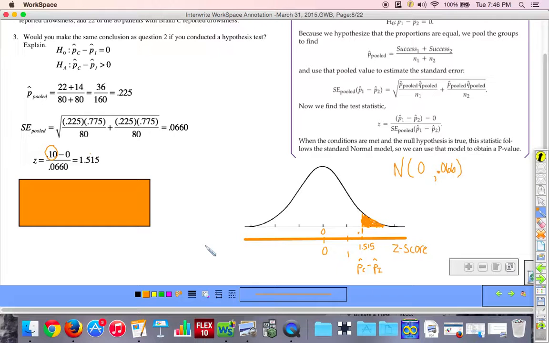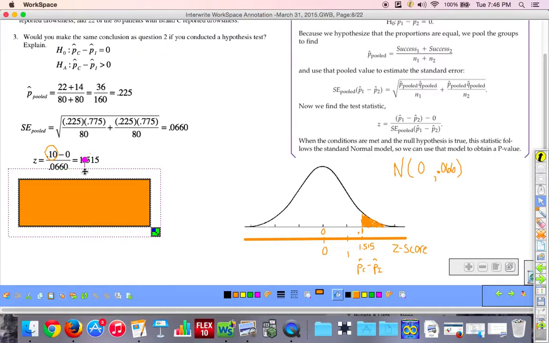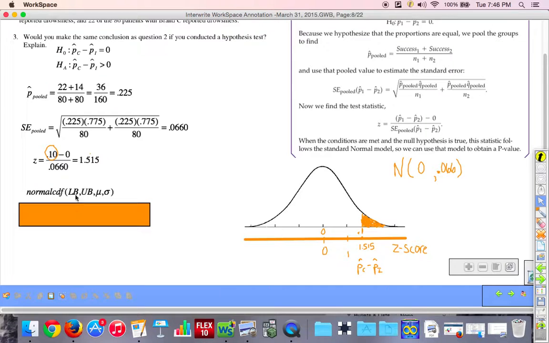And when we plug this in our calculator, I would again use the mean of 0, standard deviation of 1, and using my calculator and normal CDF, just a quick review. Normal CDF is lower bound, upper bound, mu, theta. So if I use my z-score, my lower bound would be 1.515.